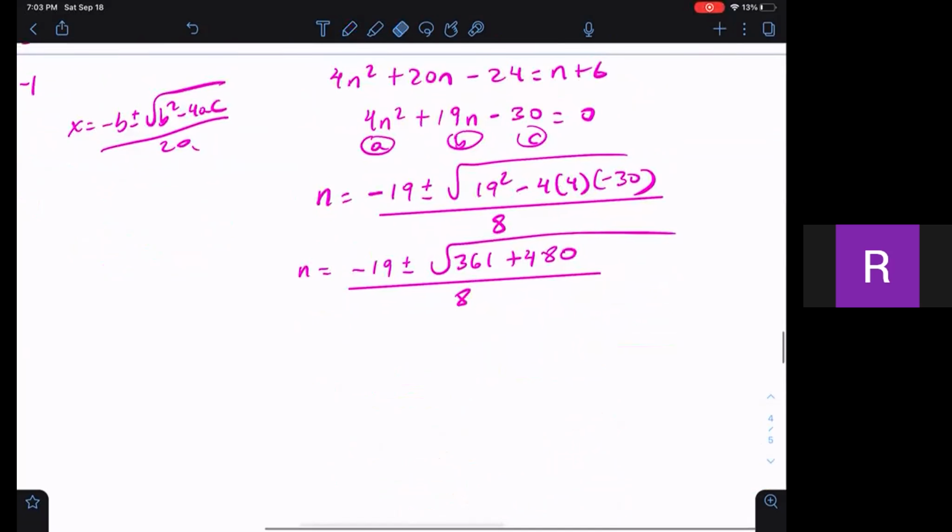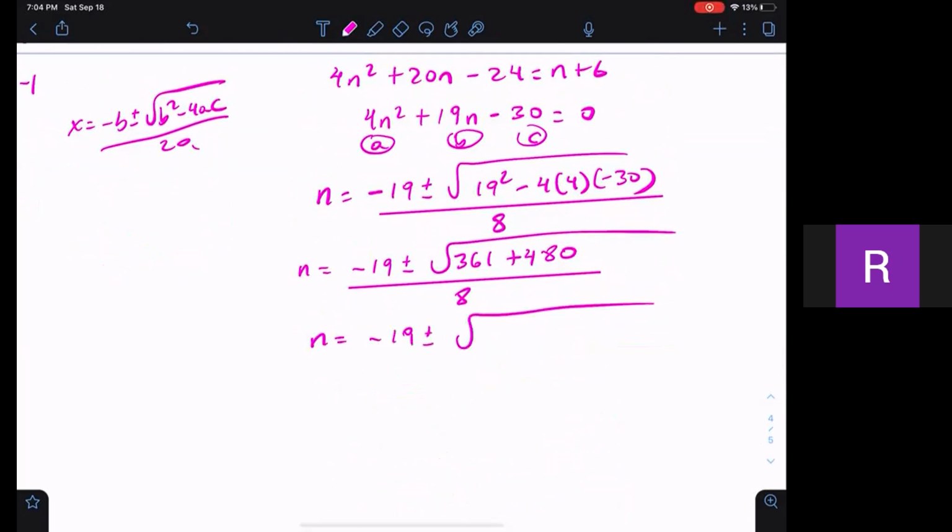And then this is going to be n equals negative 19 plus or minus the square root of 841 over 8. Let's see. What is the square root of this? 29, I think, is the square root of that. Let me see.